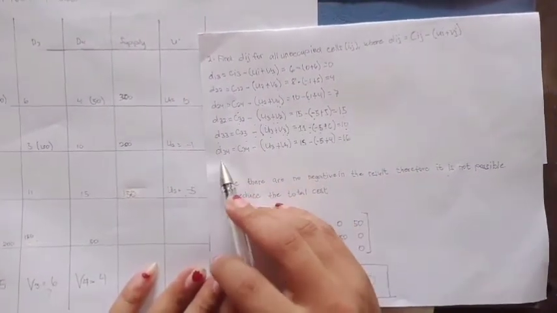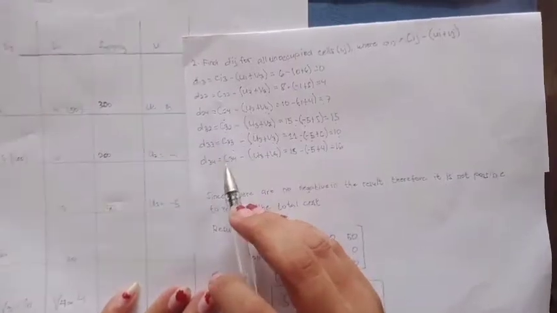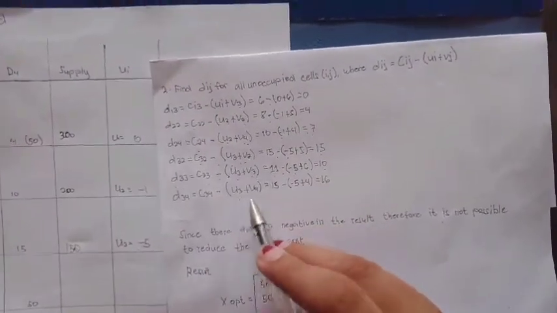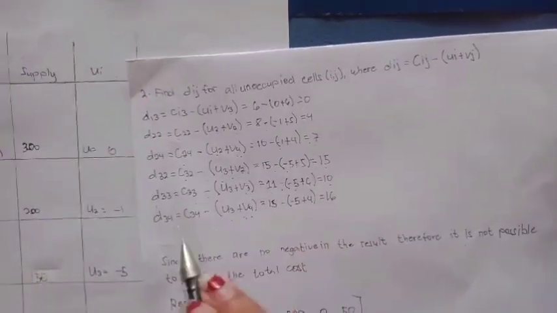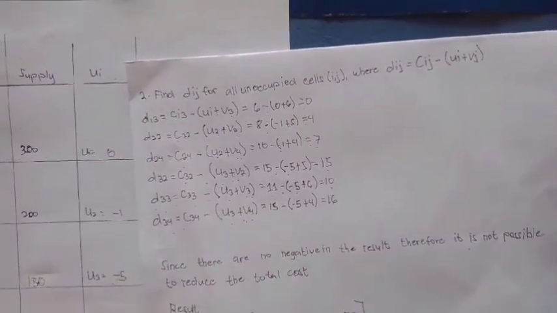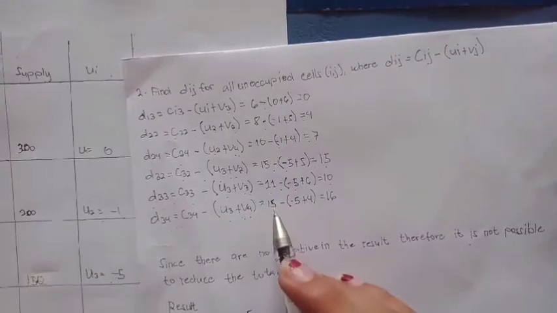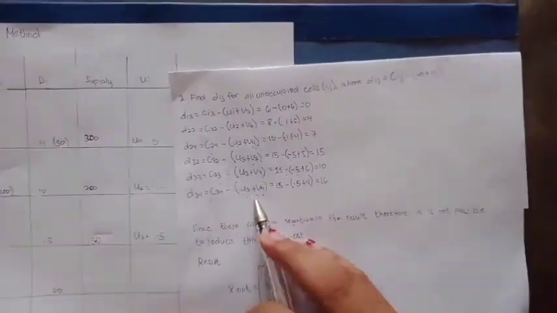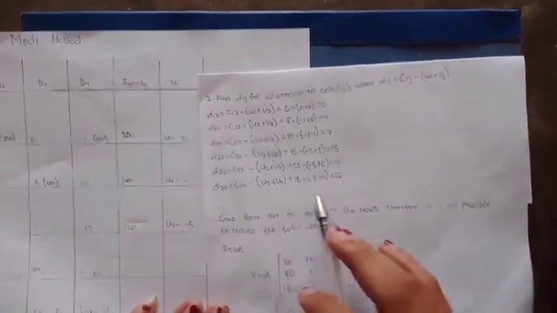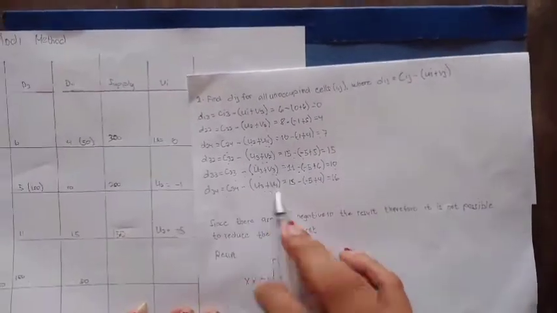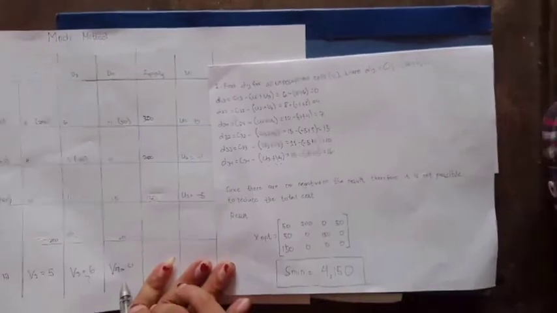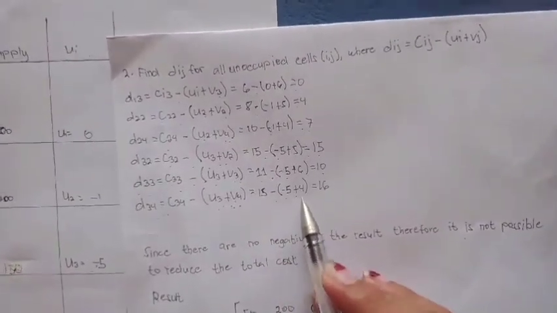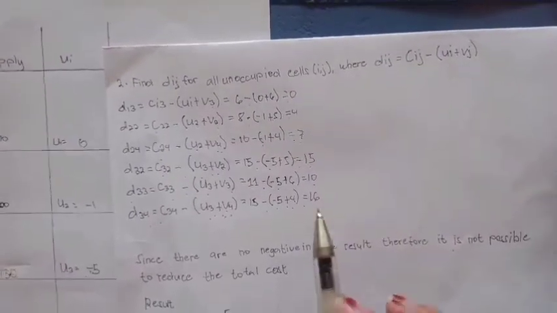Next is D34 is equal to C34 minus U3 plus V4. Our C34 is 15, our U3 is negative 5, and our V4 is 4. So 15 minus negative 5 plus 4 is equal to 16.